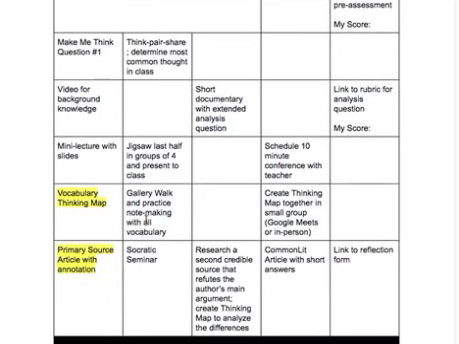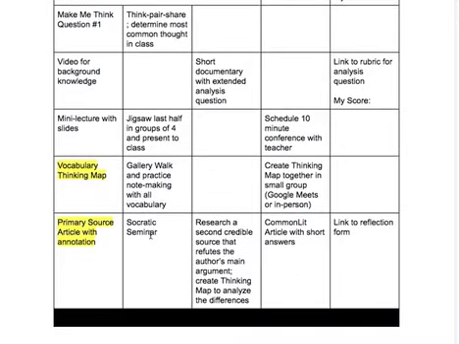I like to do gallery walks for vocabulary so they can take mobile notes and be up and moving, and I can still do that. That would be a really great thing to do face-to-face in the first unit, so I'm going to do that. And then if I'm in a face-to-face situation, I'll probably also do a Socratic seminar with this primary source article because it probably has a point or a perspective that we can debate back and forth.